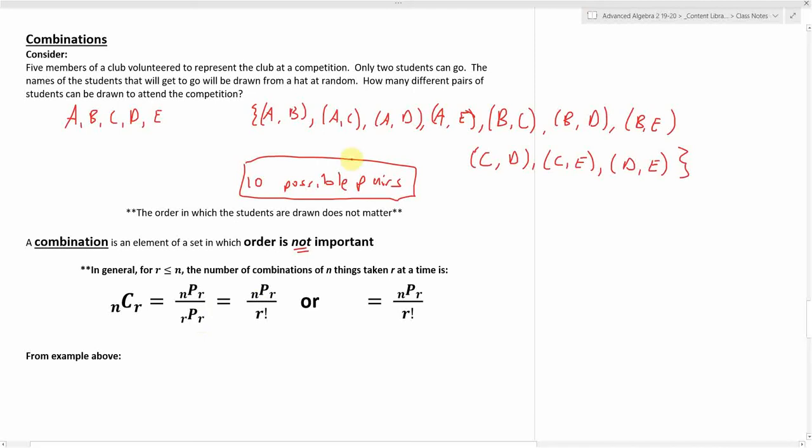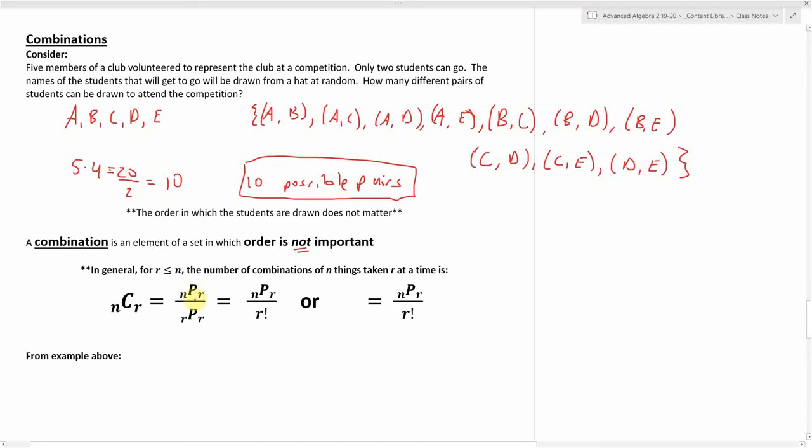Think about a pair: there are 2 different ways to arrange a pair. We divide out the repeats. Total possible arrangements divided by repetitive arrangements equals the ones we're interested in when order doesn't matter.